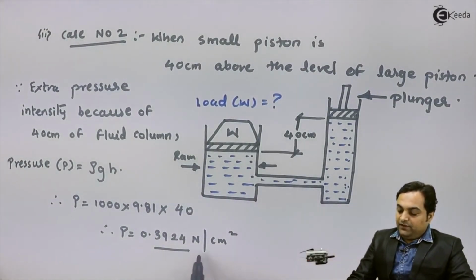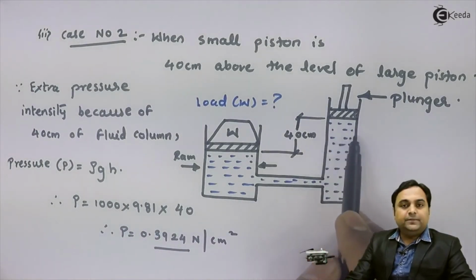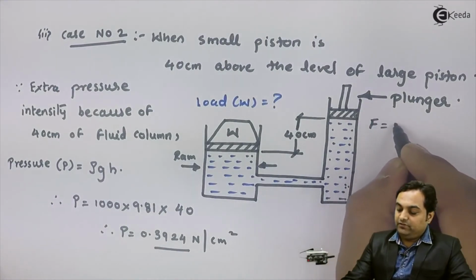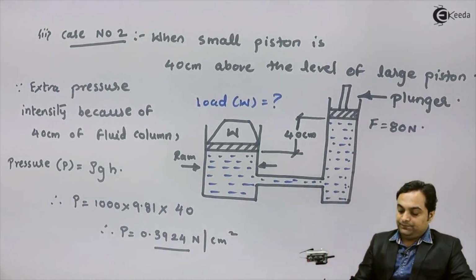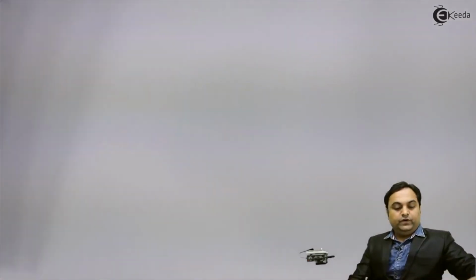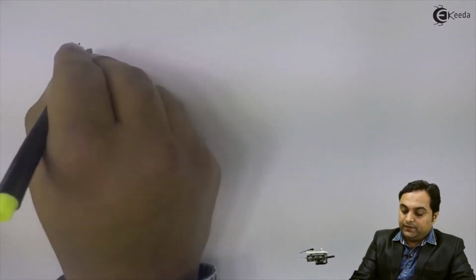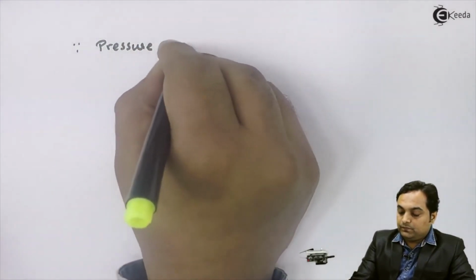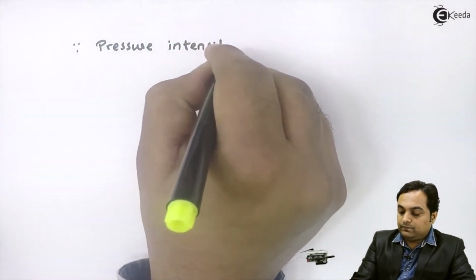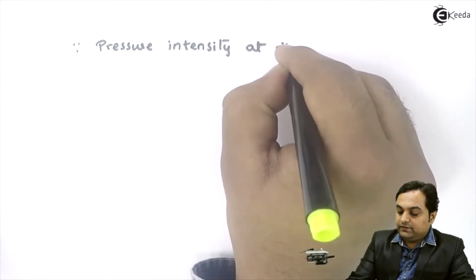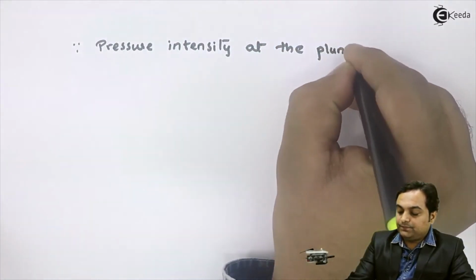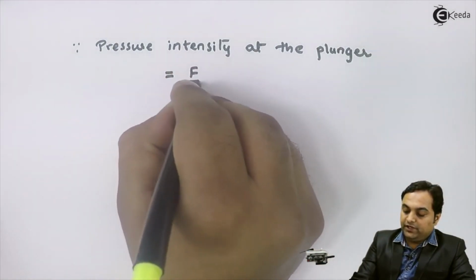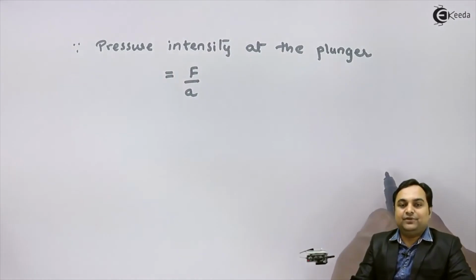Now after this, I'll also calculate the pressure intensity at the plunger end. Since the force at the plunger F is equal to 80 Newton given, pressure intensity at the plunger will be equal to force upon area, force at the plunger upon area of plunger.